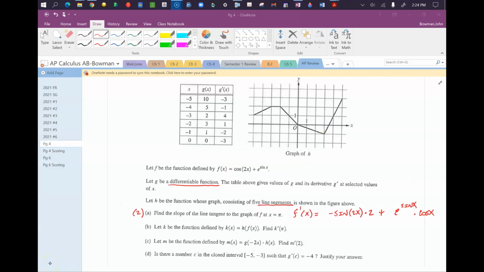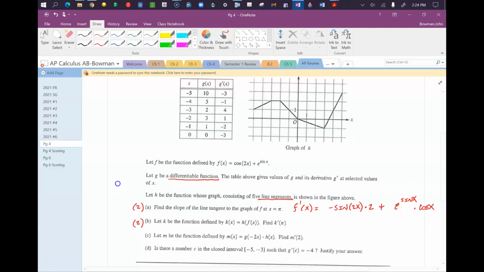The second part, part B, is also worth 2 points. And it says, let k be the function defined by k of x is equal to h of f of x. Find k prime of pi.